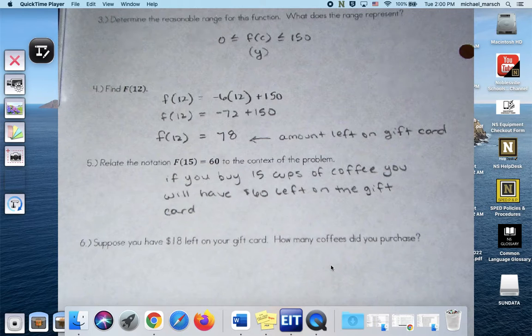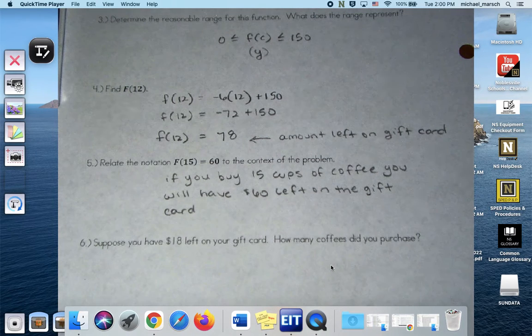Because if I put 15 into that, it would be negative 6 times 15, which is negative 90. And then negative 90 plus the 150 tells me I have $60 left to spend.